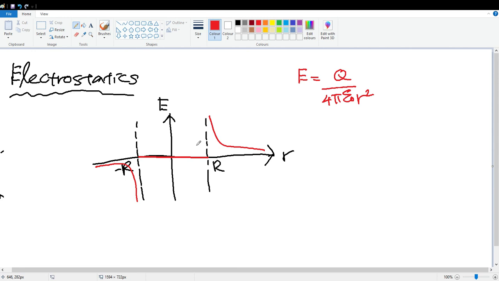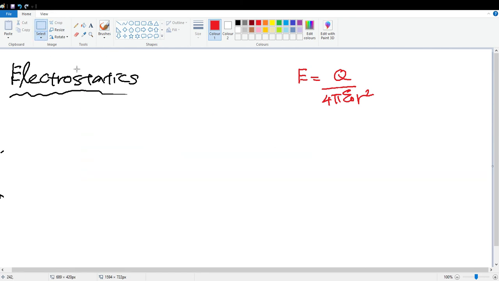Okay. So just now we talked about the spherical conductor. What if the conductor is not spherical? Let's say this is a cubic conductor.